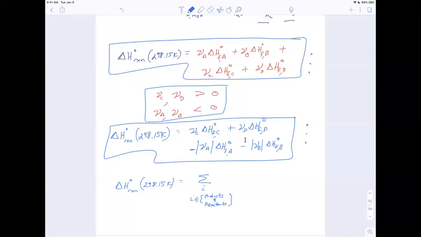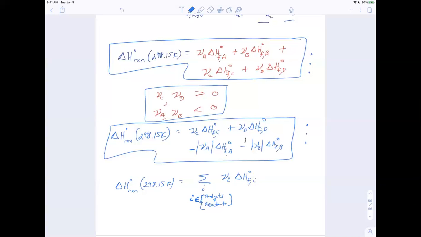I have a set that includes products and reactants, that's what's in the curly bracket, and what this means is I is going to be an element of that set. And I'm going to sum over all the I's, which means I'm going to sum over all products and reactants. It's very simple: nu sub I, as you see in the boxed expressions, times the delta H of formation of I. That's what we see in those two boxes.